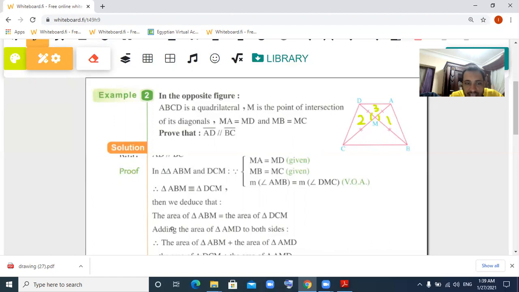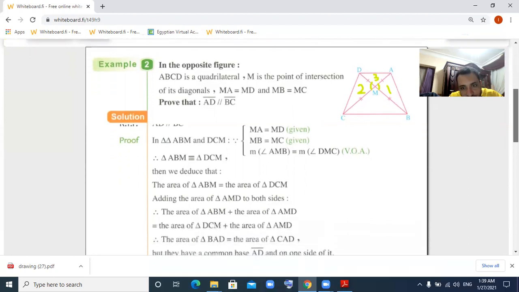So by adding the area of triangle AMD to both sides, we now have the area of triangle ADB equal to the area of triangle ADC. They are equal in area.